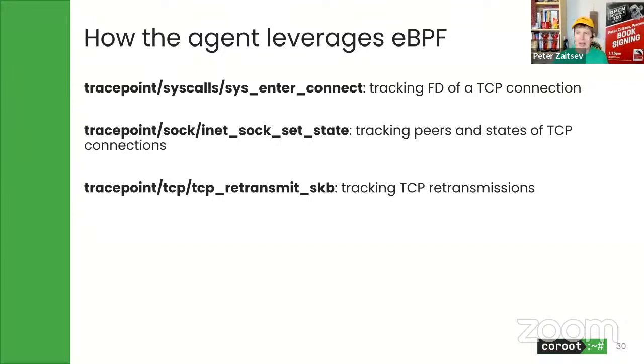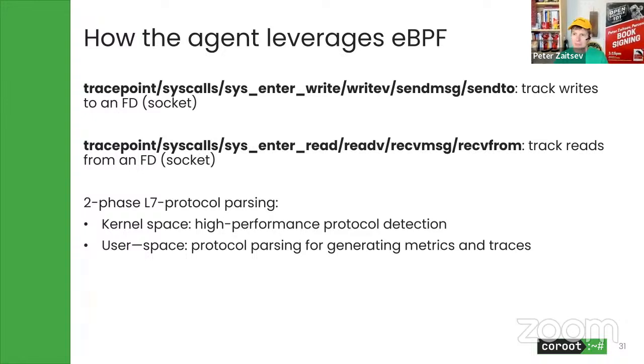I will be showing that in a few seconds. What you are also able to do with eBPF is level 7 protocol parsing. Level 7 means application protocol, so we can look at the network and say, this application is using HTTP to request that service, and we can extract from that HTTP protocol things like the URL. If it's a PostgreSQL or MySQL protocol, we can extract the query from it, and so on.